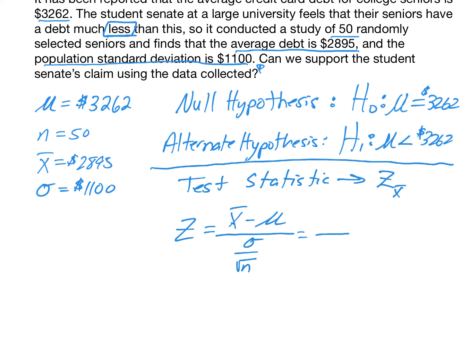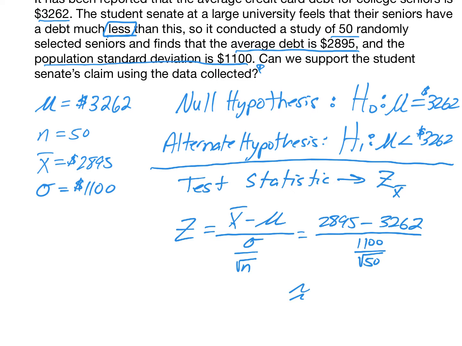In our example, x bar is 2895. Take away the mu, which is 3262. You can see 2895 is actually smaller, so that's why this is a less than problem. Our sigma is $1,100, and there were 50 total people, our n.